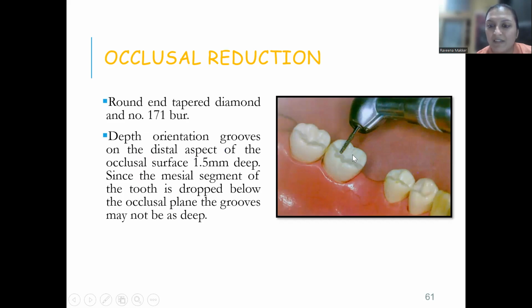The grooves are not as deep on the mesial part as on the distal. This proximal half crown is usually given in cases where there is severe mesial inclination. So already the tooth is inclined mesially. That is why the mesial surface is below the occlusal plane.